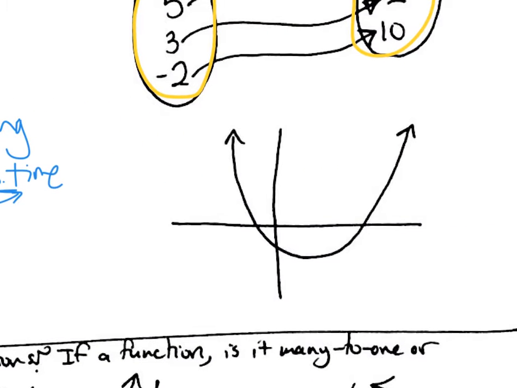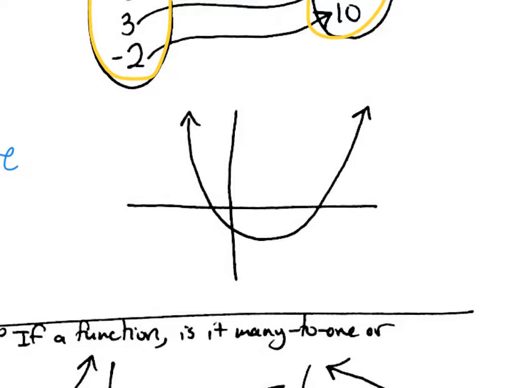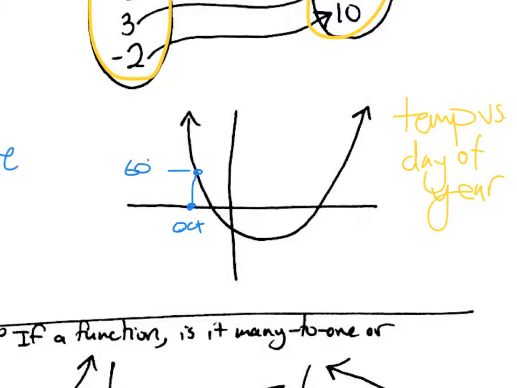A many-to-one function might be something like temperature as a function of the day of the year. So here we are in October, and the temperature outside is, let's say, 60 degrees Fahrenheit.